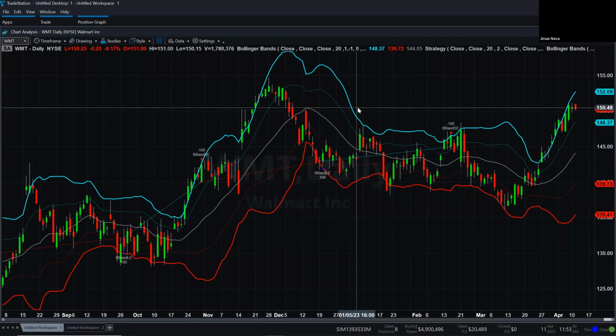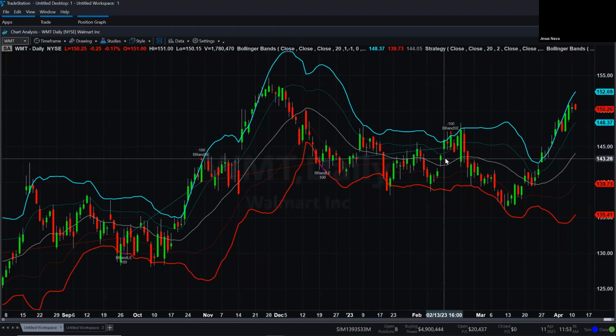And this is something you can do with all the different studies that we used. In this case, I used standard deviations 2 and 1. But if you're using the Keltner channel, then you can use a 1.5 factor, and then another Keltner channel on the same chart on top of the Keltner channel using a 3-time factor.